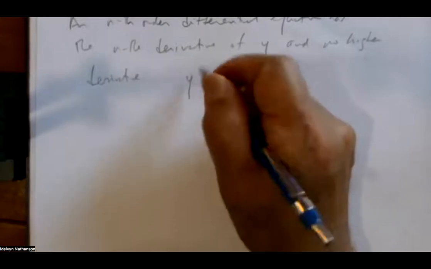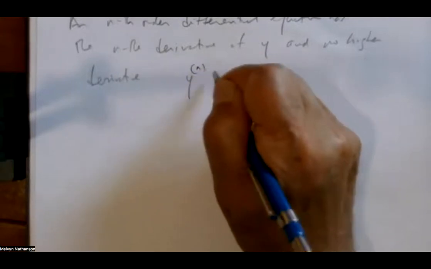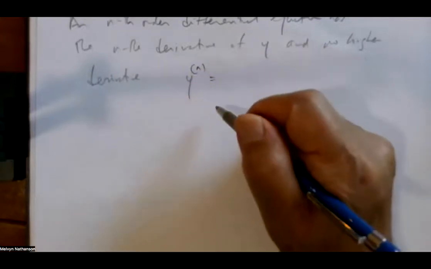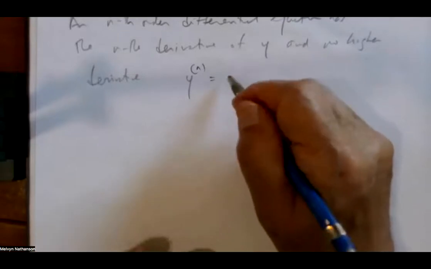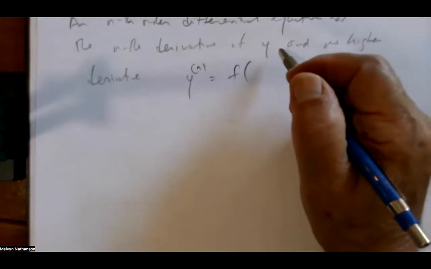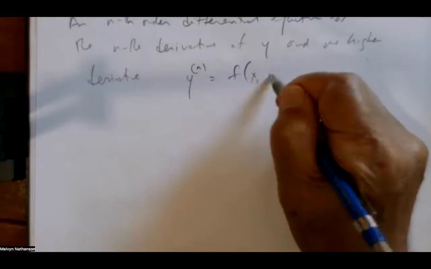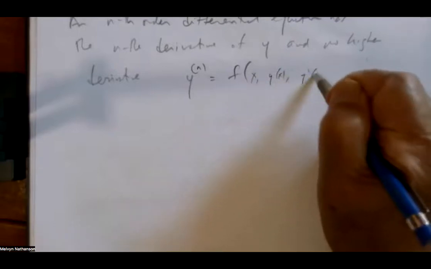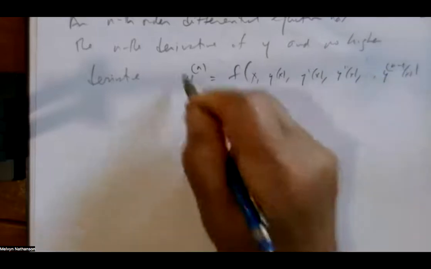And in many cases, you can isolate the nth derivative, solve the equation for the nth derivative. So your nth derivative is some function of the variable x, the function y, the first derivative, second derivative, up to the n minus first derivative. This is in some sense the general nth order differential equation.